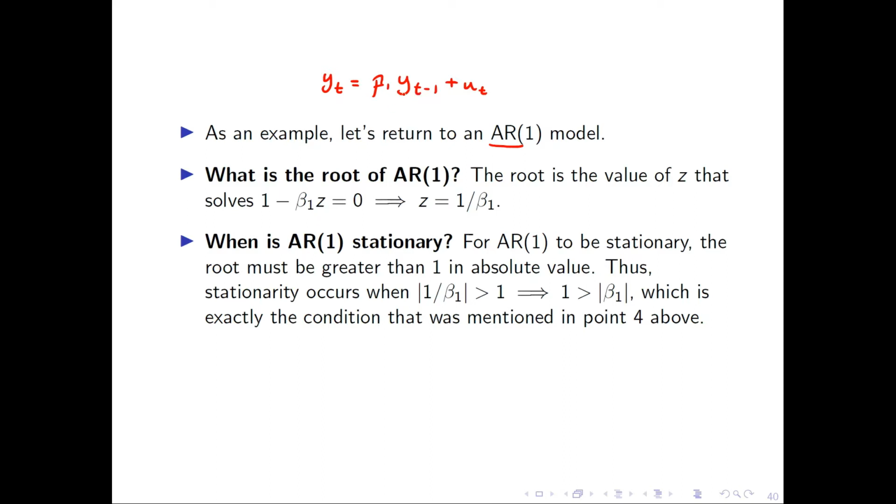And what is the root of this equation? It's actually the value of z which solves 1 minus beta 1 times z equals 0.